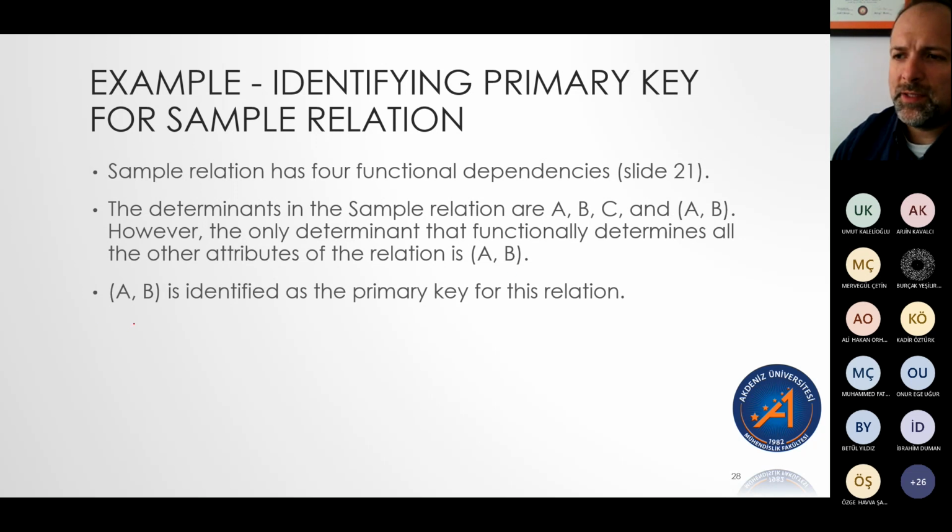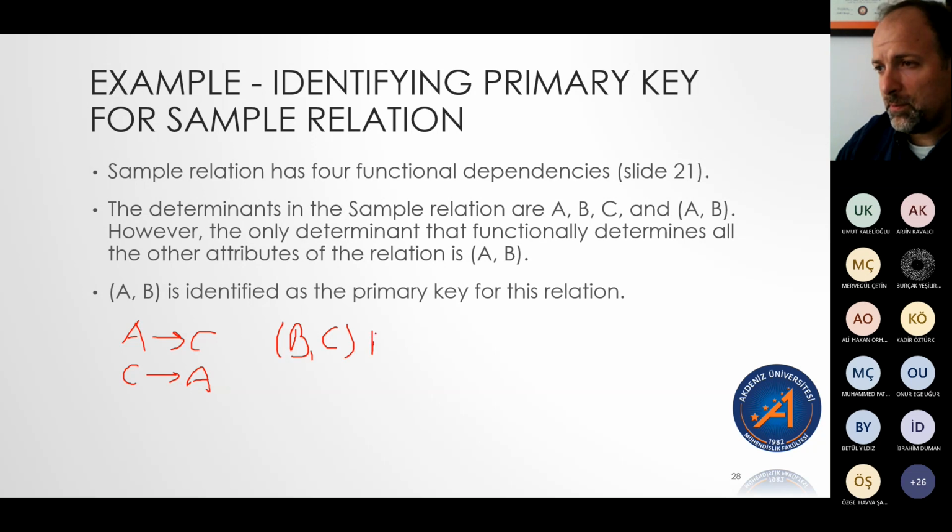Again, because we had A determines C and C determines A, we could also identify the combination of B and C as a primary key. Okay, it could have also been a primary key.